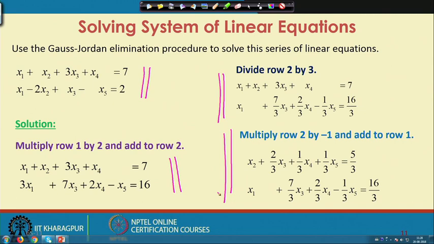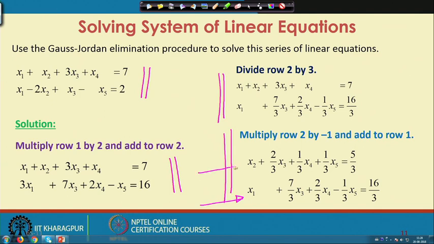Now, look at the system of equations that we obtained. If you look at this equation, you have 1 into x 1 plus 0 into x 2, and then you have x 3, x 4, x 5 with their coefficients, equal to 16 by 3.